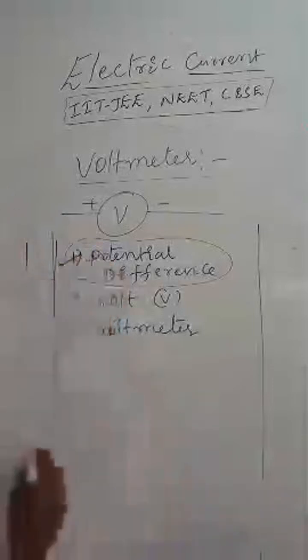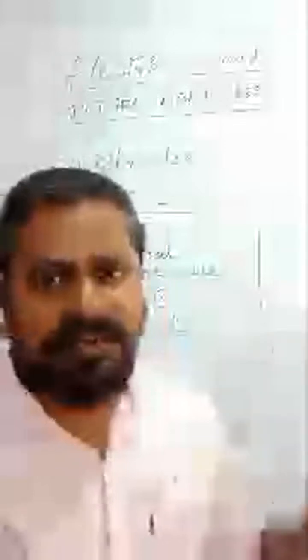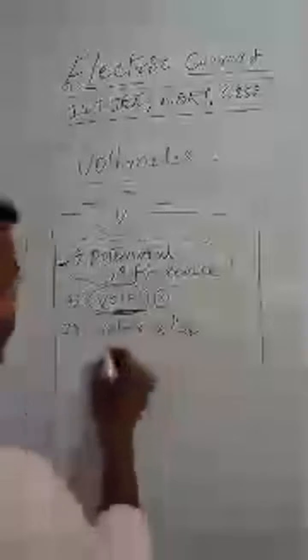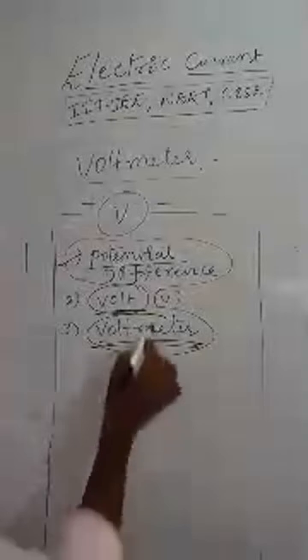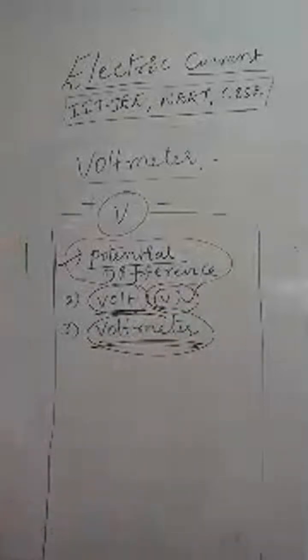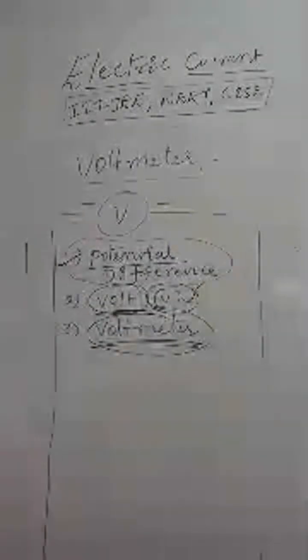Potential difference is a physical quantity which can be measurable. In a circuit we can measure the potential difference, right? SI unit of potential difference is volt. How can we measure it? By using a voltmeter. The symbol is V. This is about potential difference.